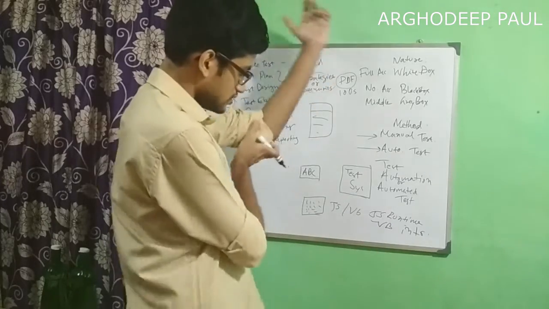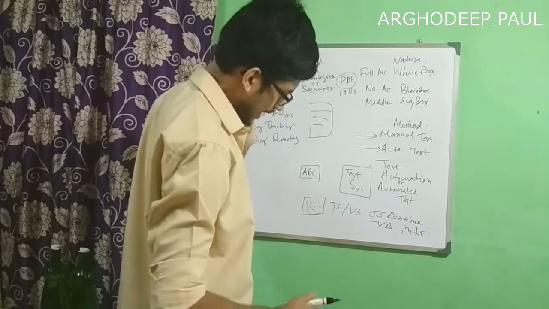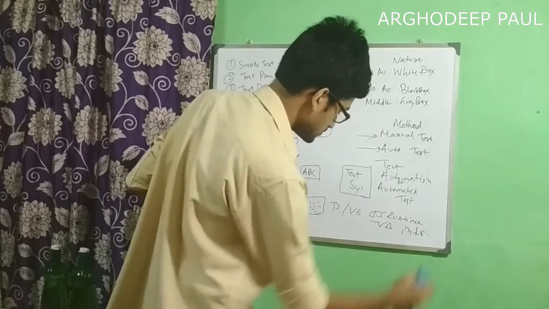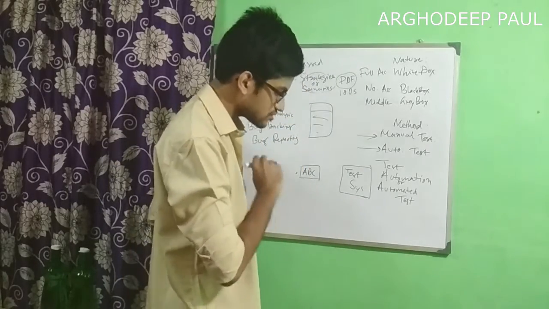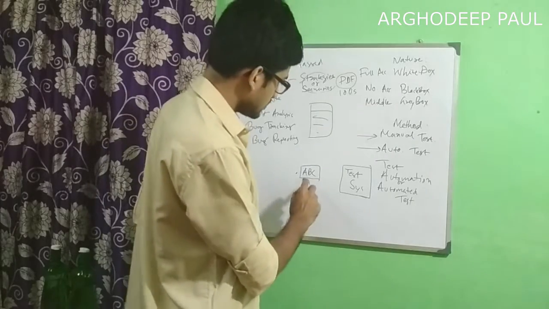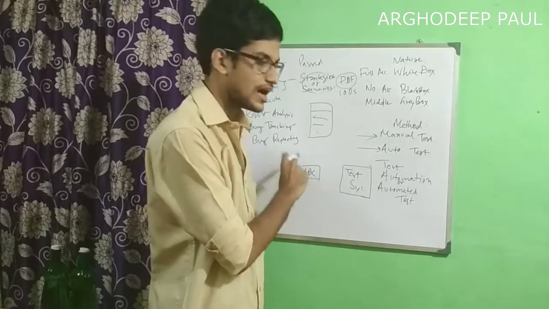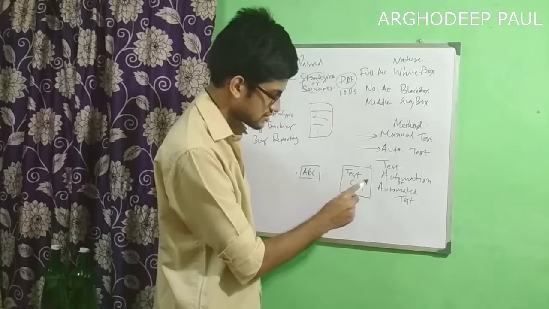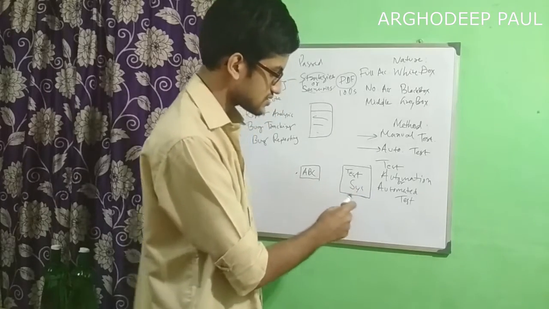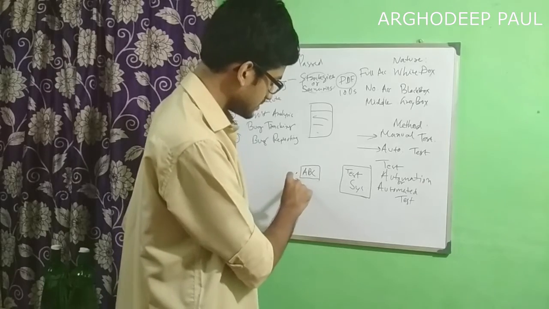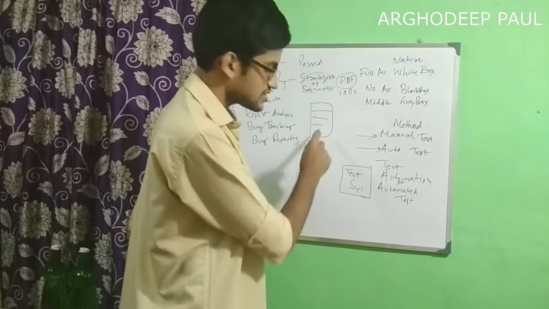Okay, interpreter. As I was talking about the ABC language, I will write all those testing strategies in this script, and finally there would be this test server, or automation test server, which will process this ABC file against this application.